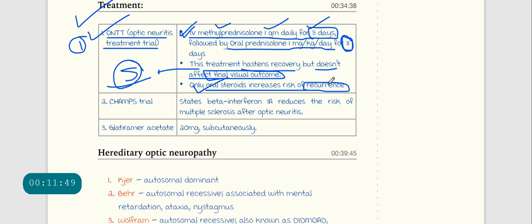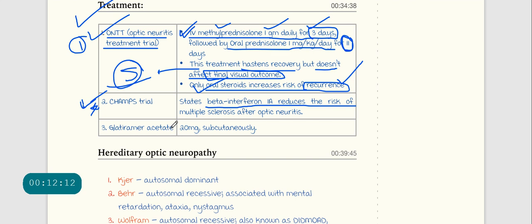The next is the CHAMPS trial, an important one. Here, beta interferon was shown to reduce the risk of developing multiple sclerosis after optic neuritis.